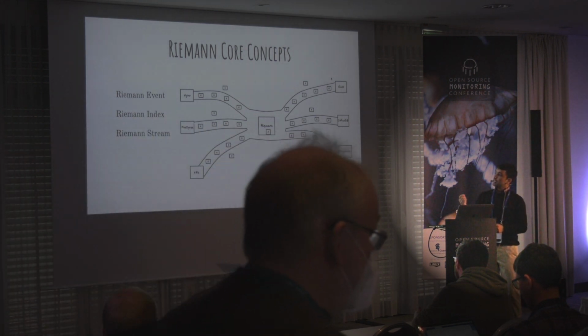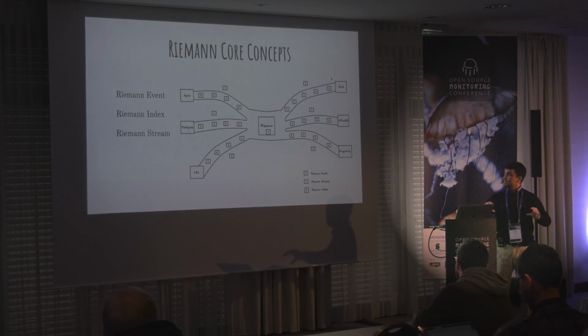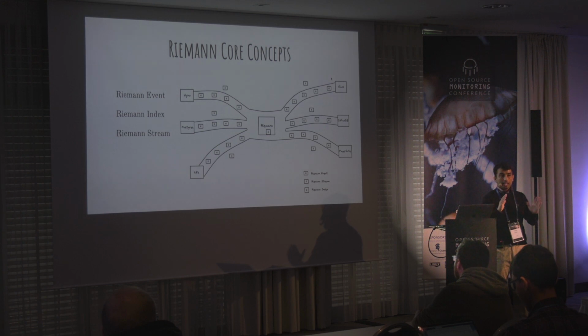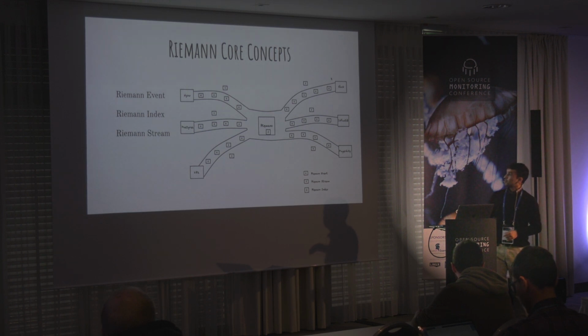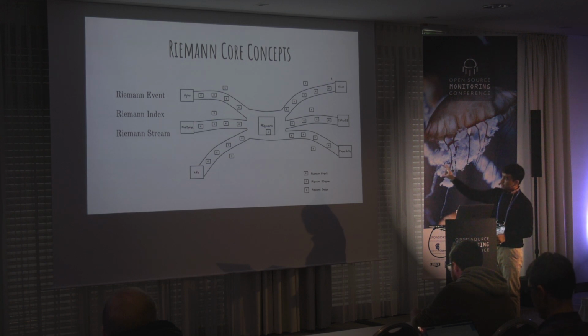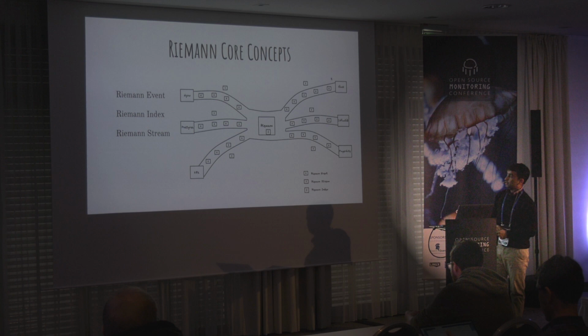And a stream is basically a collection of all those events flowing together from source to destination. And an index is basically a snapshot of all the most recent events in the memory of the Riemann process. From this diagram, you can get an idea that streams are flowing into Riemann, and then you can do some kind of computation. And then you can ship it to wherever you want.